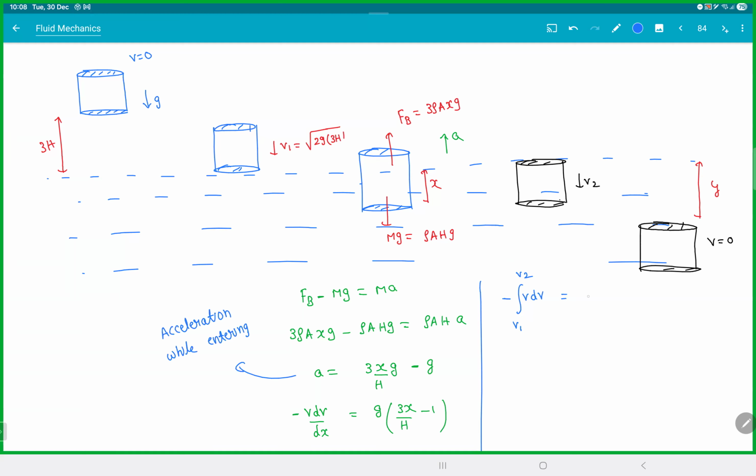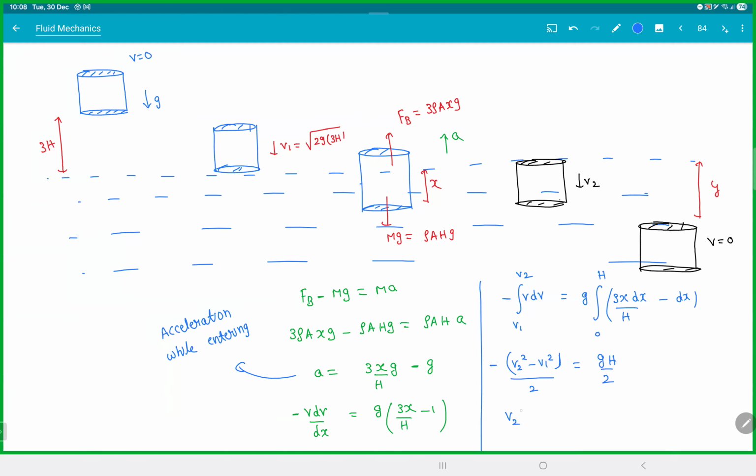So minus v dv is equal to g into integral of 3x dx by h minus dx, going from 0 to h. v2 squared minus v1 squared by 2 is equal to g into 3x squared by 2, that is 3h squared by 2, minus h, that will be h by 2. 2 will go off.